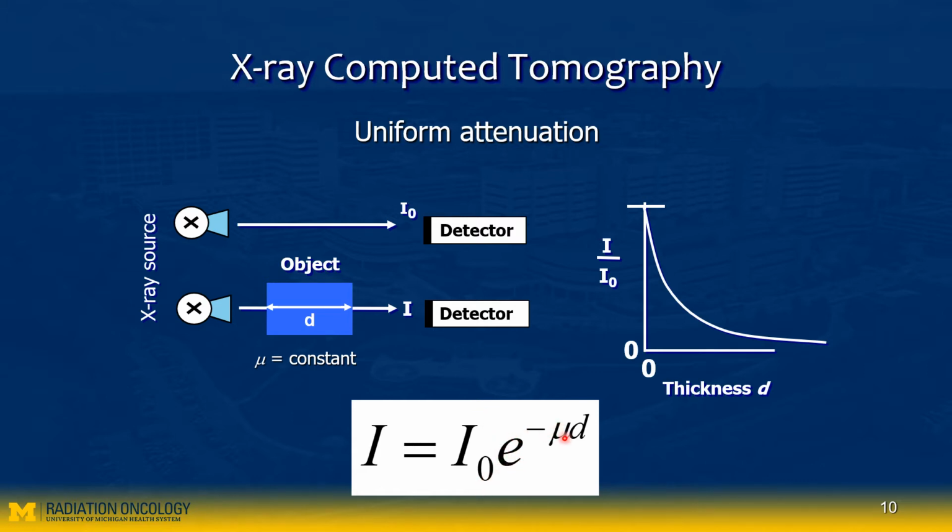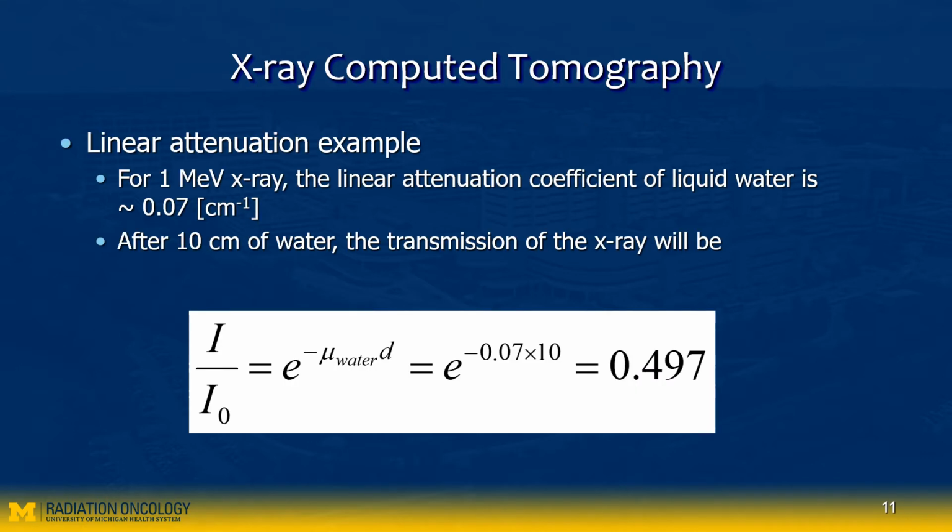It is actually a combination of this mu constant and the thickness of the object. So the thicker the object is, the less intensity you will receive. And the material composition, the density, or you can say the linear attenuation coefficient. If it's lung versus bone, it changes how much radiation will be detected after the X-ray passes through.